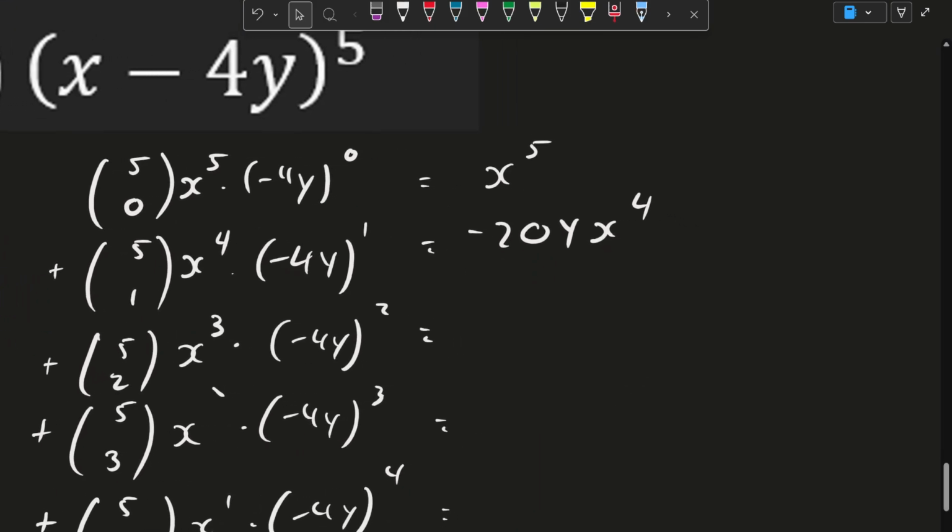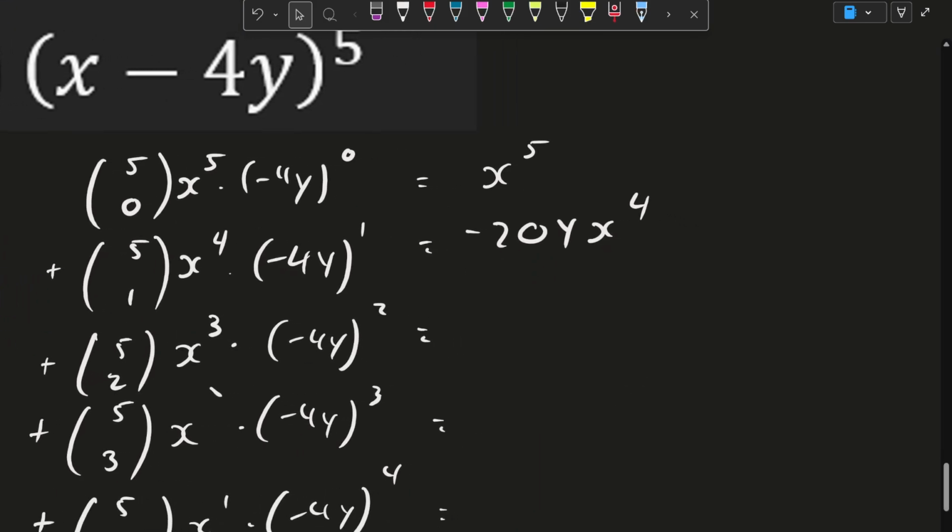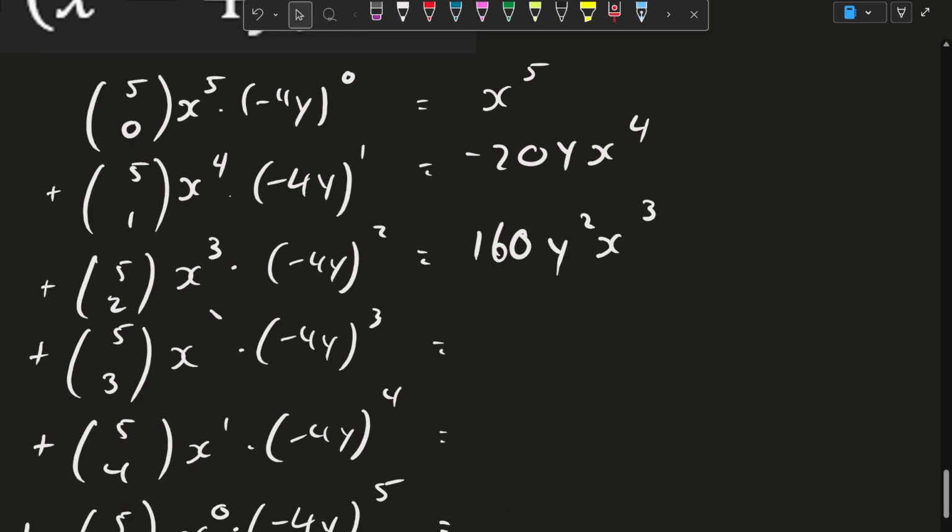Now, 5 choose 2, I don't know off the top of my head. I think it's 10, but it's always best to check. Yeah, so it's going to be 10 times negative 4 squared, which gives us positive 160. So I'll have 160 y squared x cubed. 5 choose 3 is also 10, but noting we're being multiplied by a negative 4 cubed.